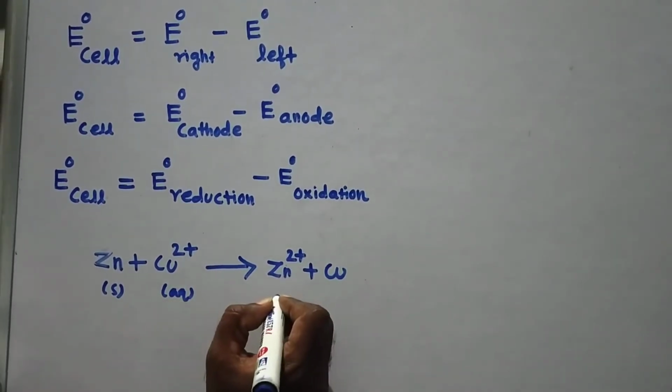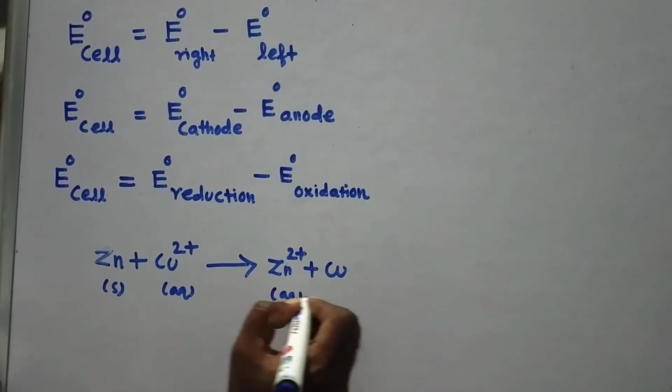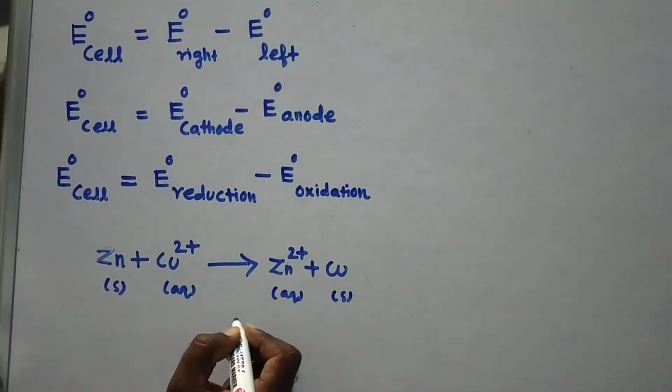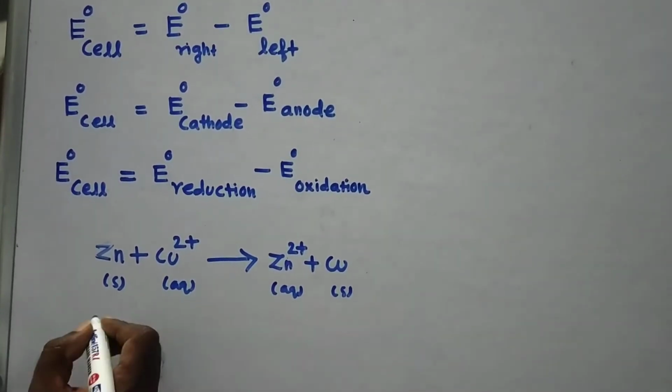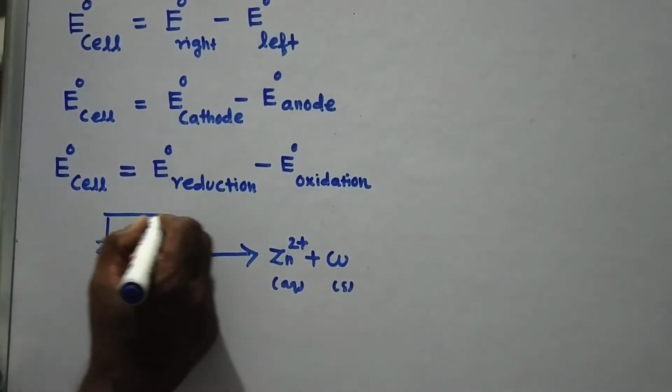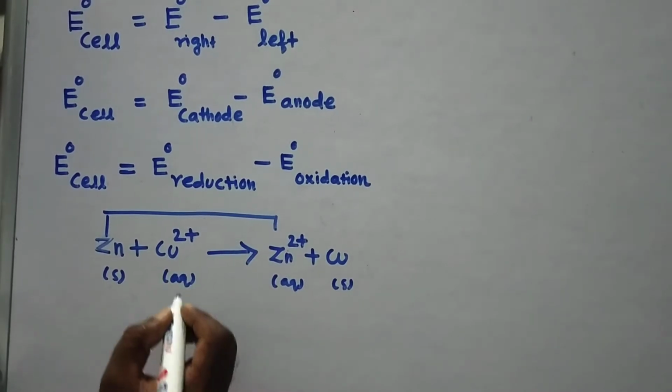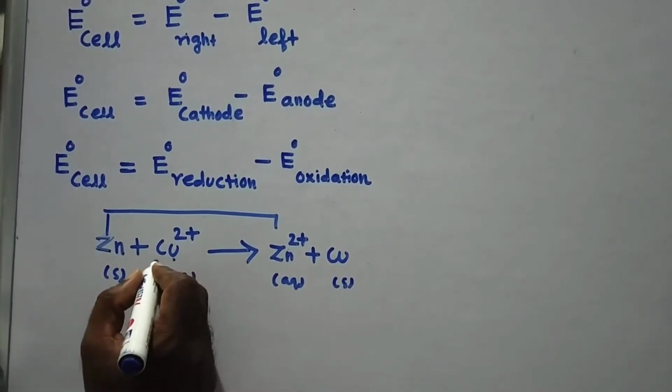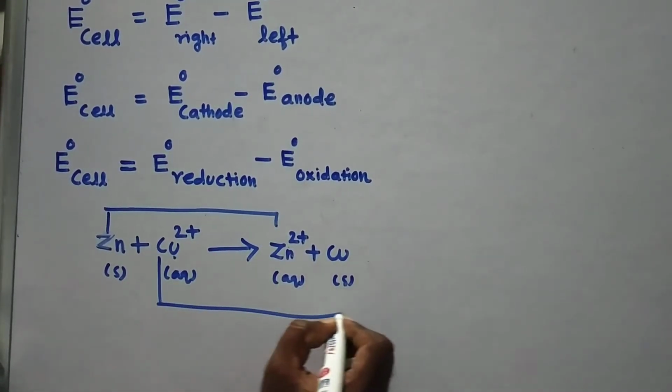Then here zinc 2 plus is in the aqueous state and copper is in the solid state. It's well known that in these redox reactions, zinc becomes Zn2 plus and copper 2 plus becomes copper.